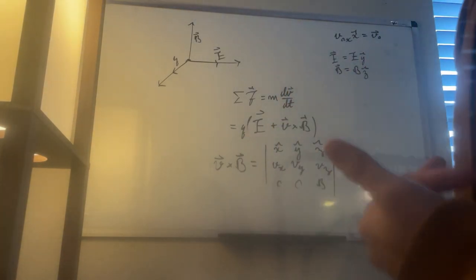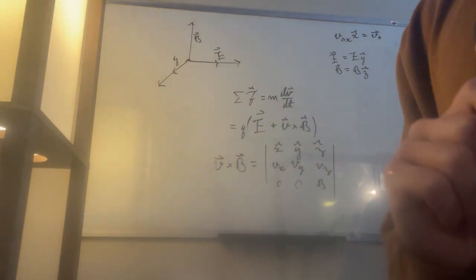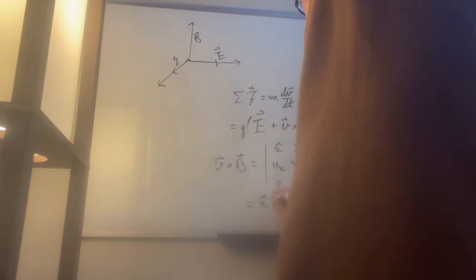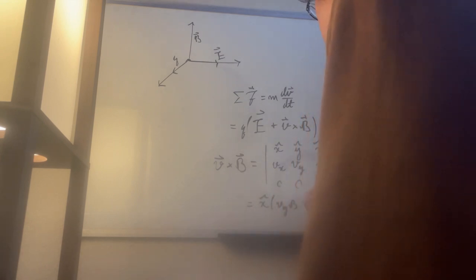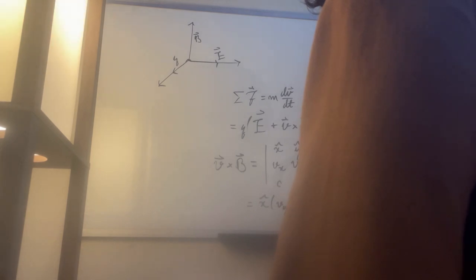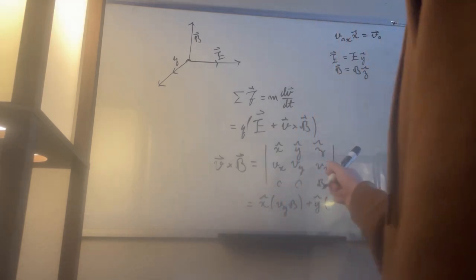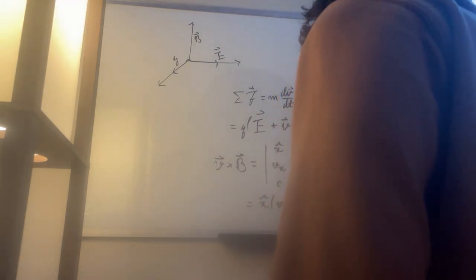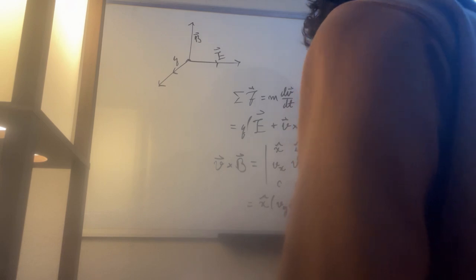Now, upon inspection, you're going to see that this evaluates as x hat times the velocity in y times the magnetic field, plus y hat times negative the velocity in the x direction times the magnetic field.